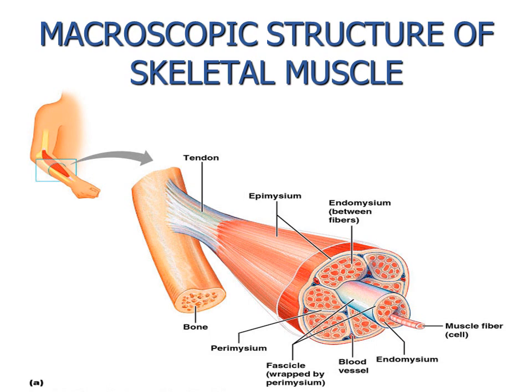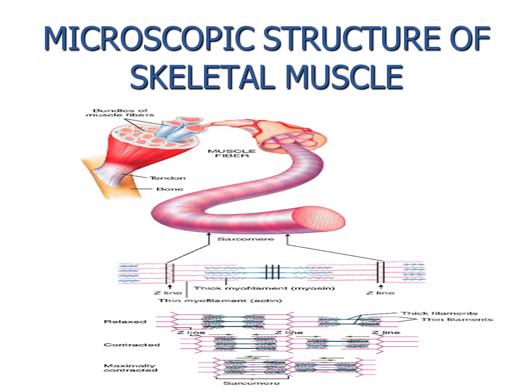Okay, so now that we're down to the individual muscle fiber cell, let's open up each individual muscle fiber cell and take a look inside at the microscopic structure. Now, if we open up one individual muscle fiber cell underneath the microscope, we see that within the muscle cell or muscle fiber, there are cellular constituents that are common to all cells.